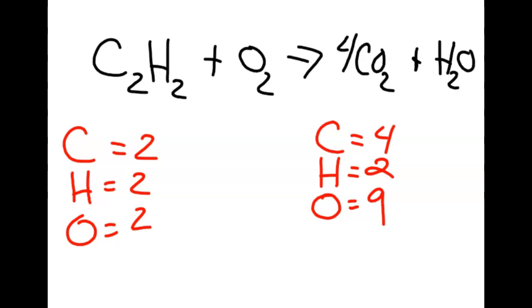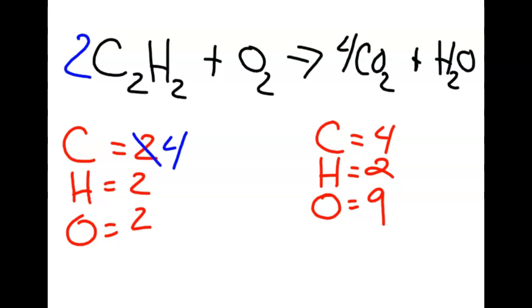Well, there's a lot to fix here. Now, the first thing I want to do is go back and figure out using my clue. I was given the clue of the 4 in front of the CO2. So to get 4 carbons on the reactant side, let's try a 2 in front. Now I'm going to multiply the 2 times the 2 for the carbon to give me 4.